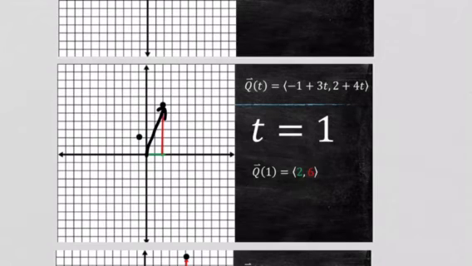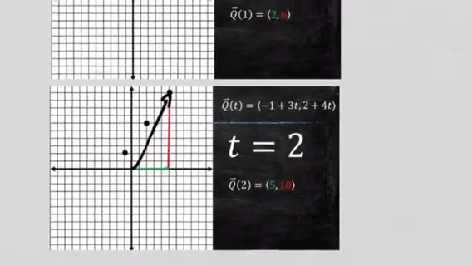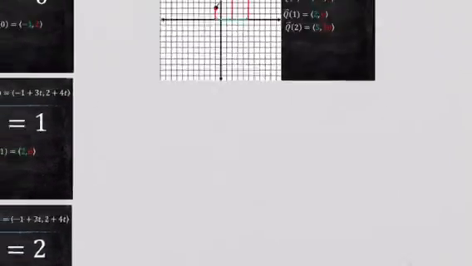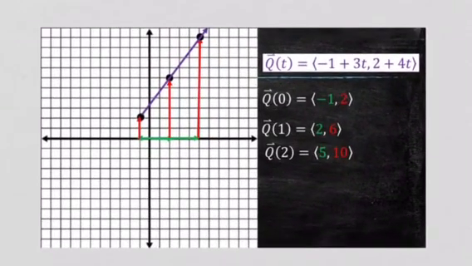And then if we look at t equals 2, we have vector Q(2), where we plug in 2 and we get 5 comma 10. Now we have a new vector that's pointing at 5 comma 10. So if we look at just vector Q(t), it is the result of all these different vectors pointing at where the object is after a certain amount of time.